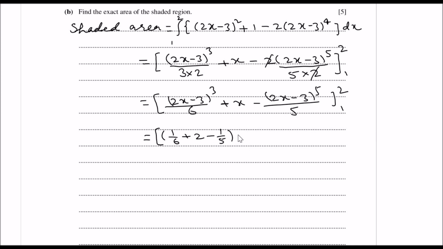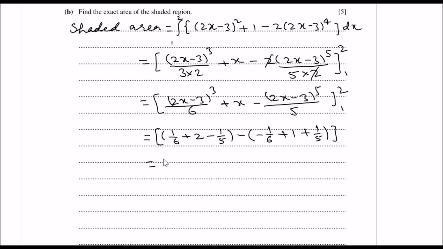Now we'll put 1. 2 minus 3 is minus 1, minus 1 cube is minus 1, so minus 1 by 6 plus 1, x is 1, so 1 minus, and here we'll get minus 1 by 5, so minus minus plus, so it gives us plus 1 by 5.